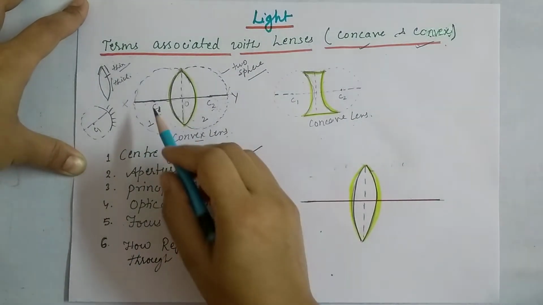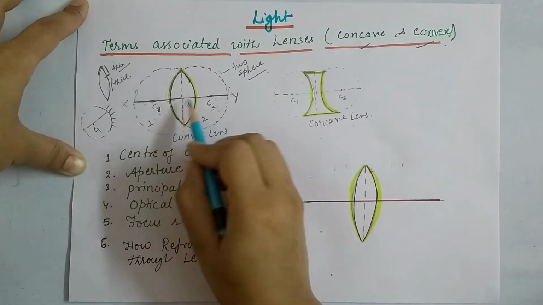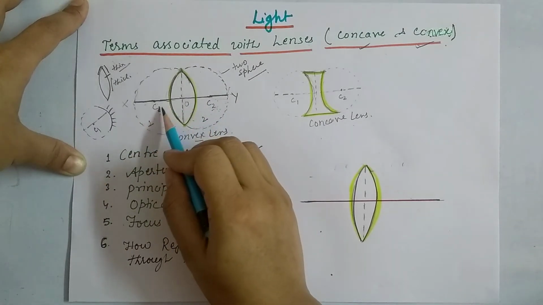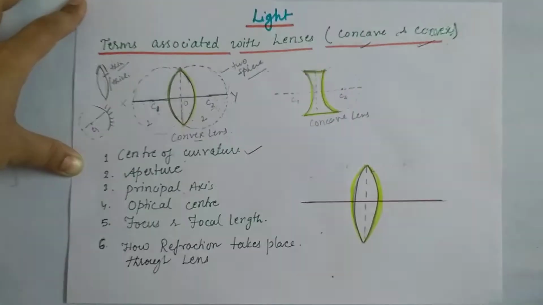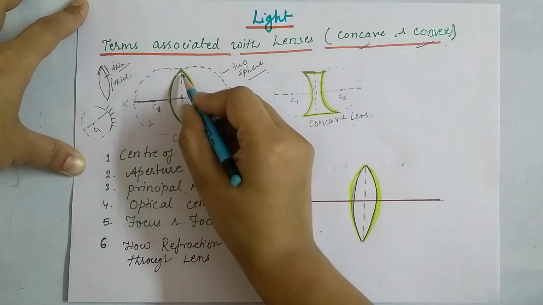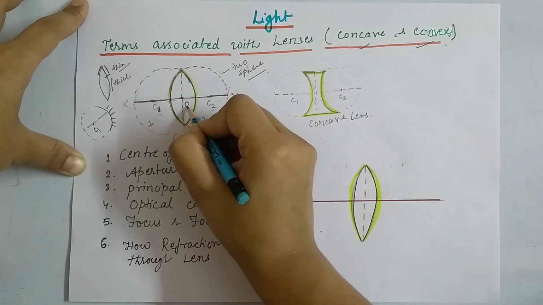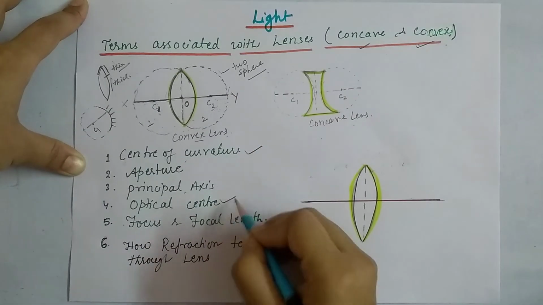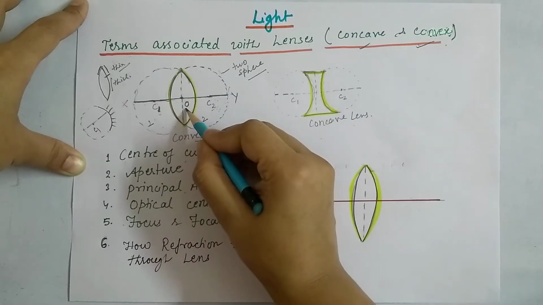Now principal axis is already discussed, that is the imaginary line that passes from center 1 to center 2. And the point in the middle of this lens is known as your optical center. This is known as your optical center.